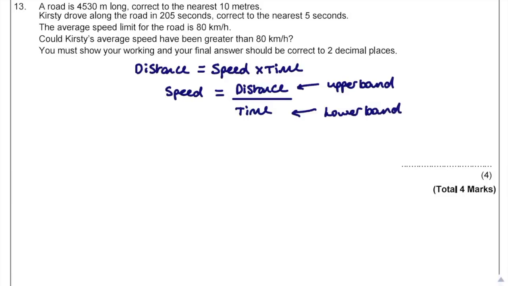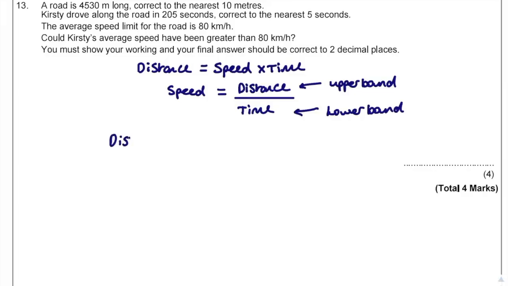And the reason for that is because if you're dividing two numbers, you want your numerator to be as large as possible and your denominator to be as small as possible. So that's the reason why we're doing the upper bound divided by the lower bound to find our maximum value for the speed. So that means we need to work out what the upper bound for the distance is.